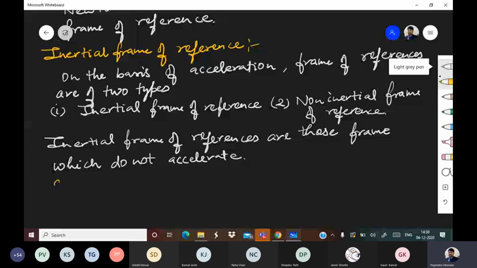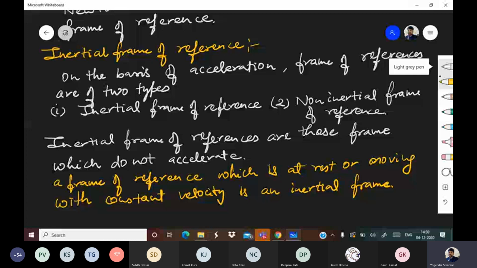So what is an inertial frame? Such a frame of reference which is either at rest or moving with constant velocity is an inertial frame of reference.